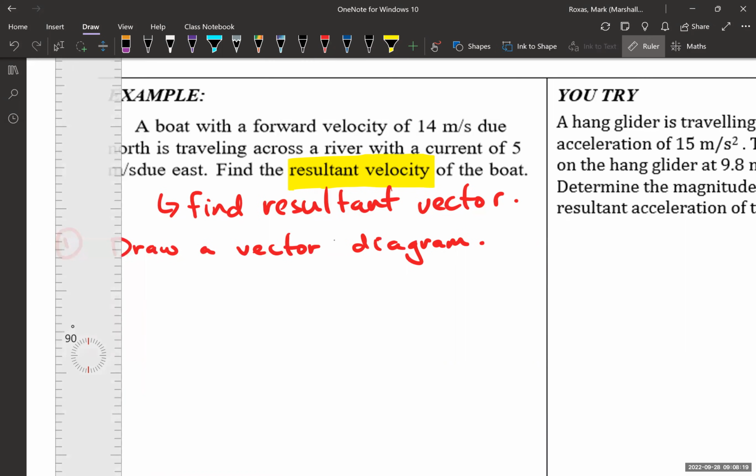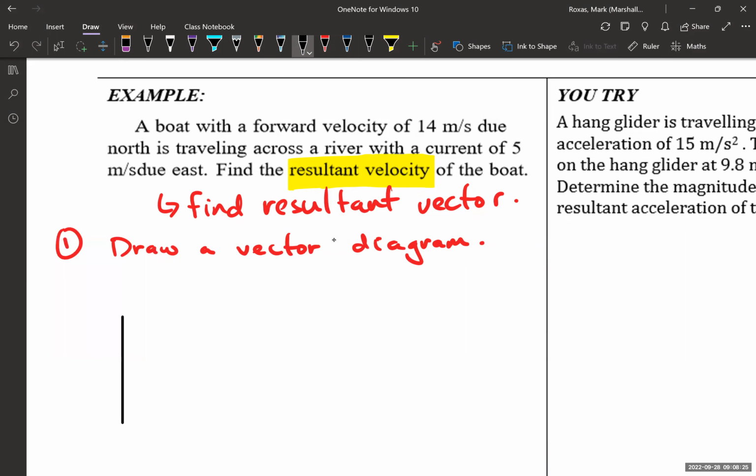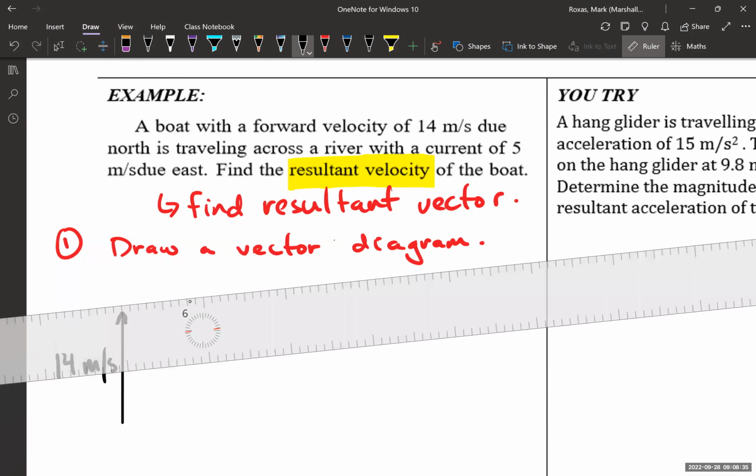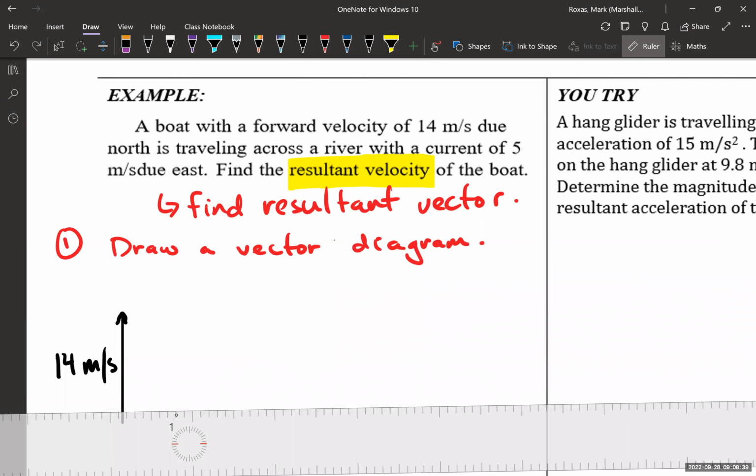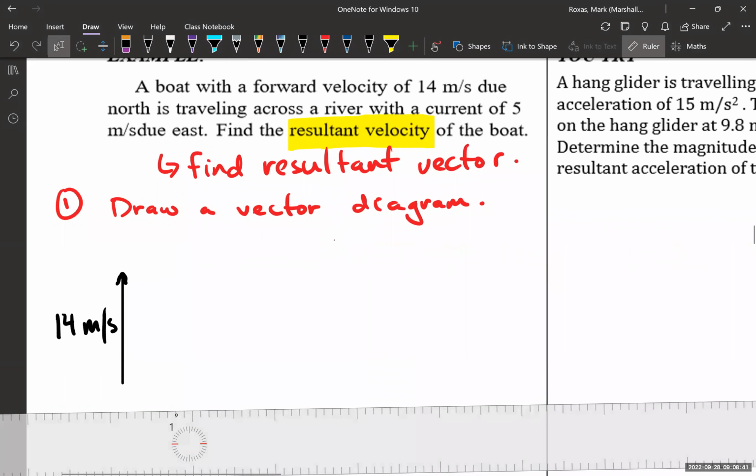Let me switch back to black ink here. So here's a vector going north, 14 meters per second. And I'm going to draw a vector for the river going east, 5 meters per second.